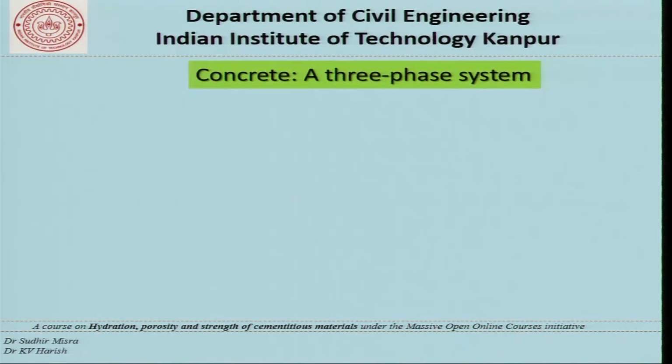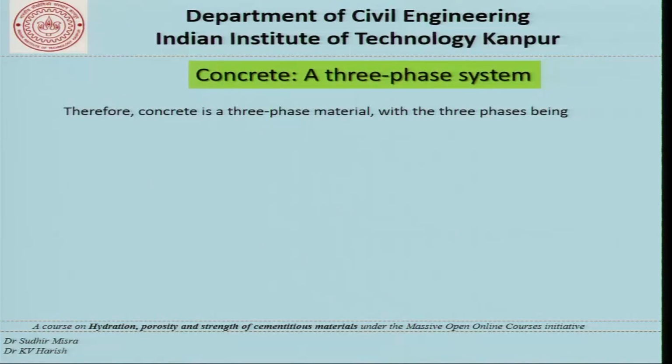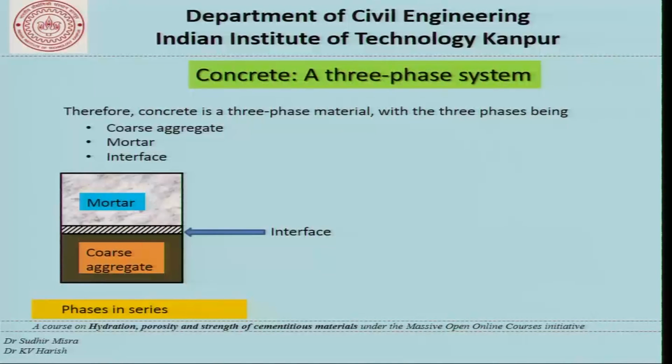We can therefore more or less come to a conclusion that concrete is a three-phase material, with the three phases being coarse aggregate, mortar, and the interface itself. Now this interface is a formal entity which we have introduced between the mortar and the coarse aggregate.